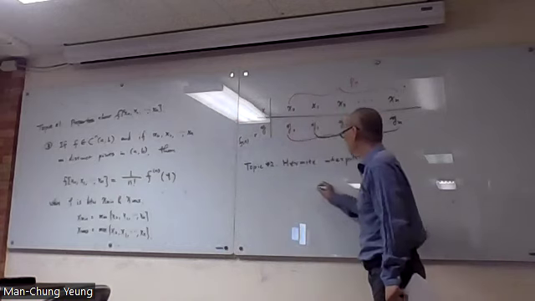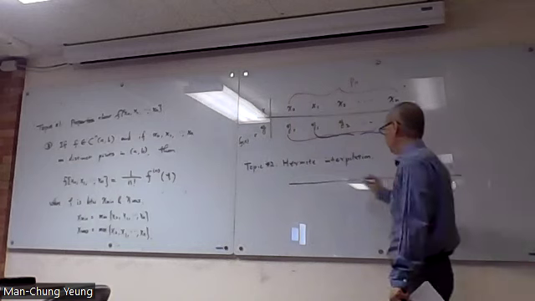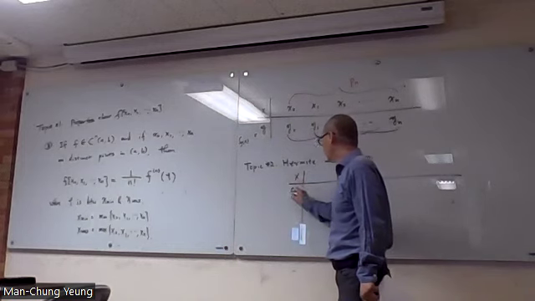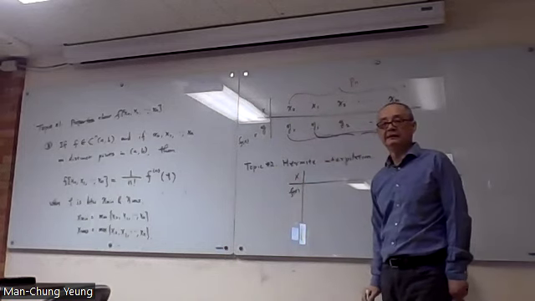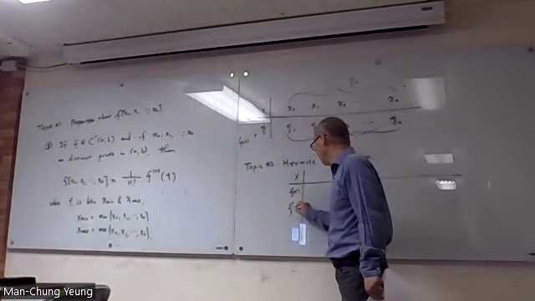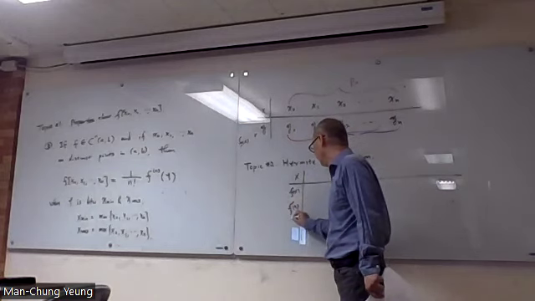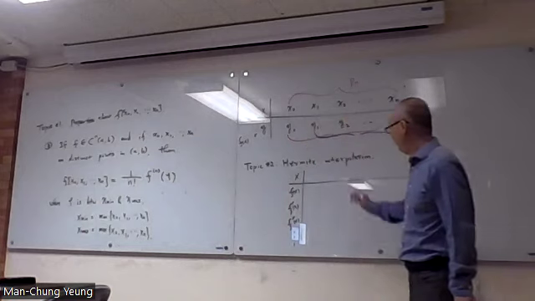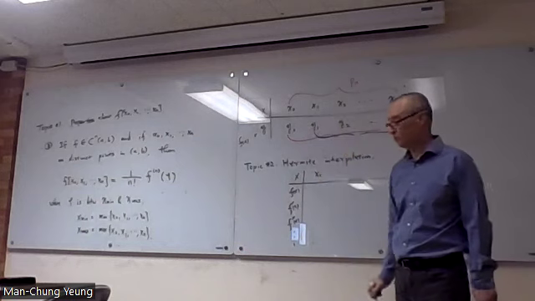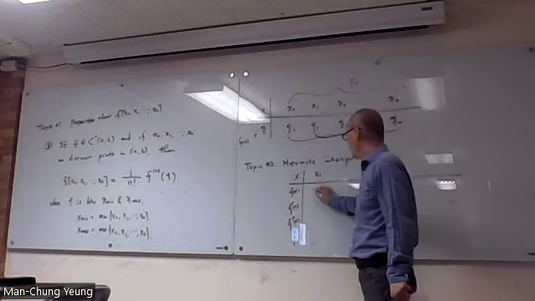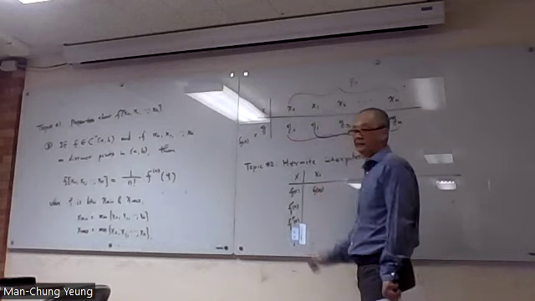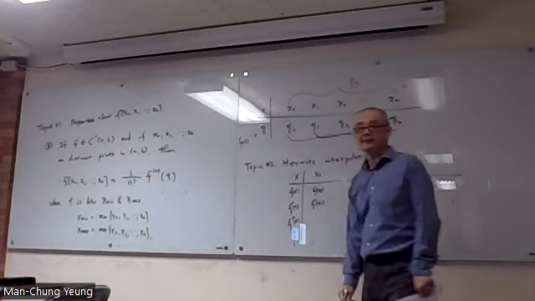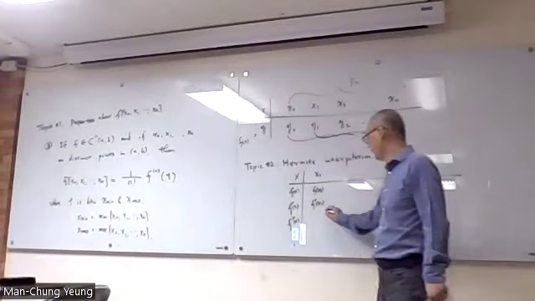Now, suppose we have a table with x, the function value, the derivative, the second derivative, and so on. At x0, suppose we know the function value and derivatives.